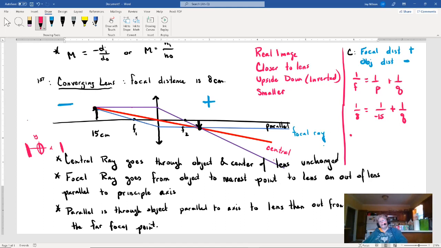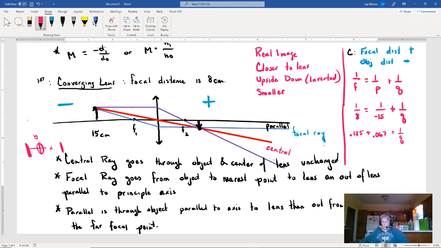So this is 0.125. And this will be plus, what is 1/15th? I have to figure that out real quick. 0.067 equals 1 over Q. So I get that plus 0.125.